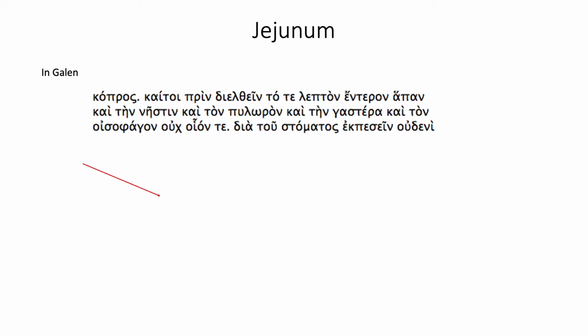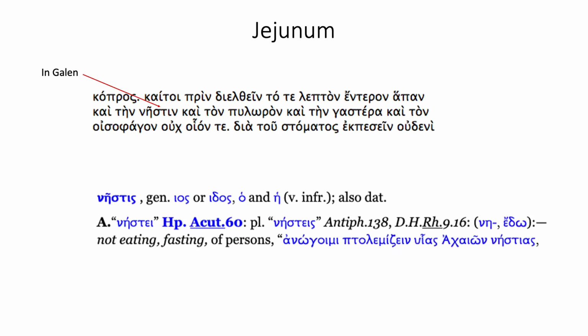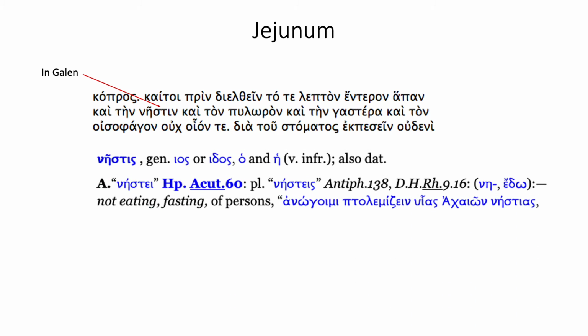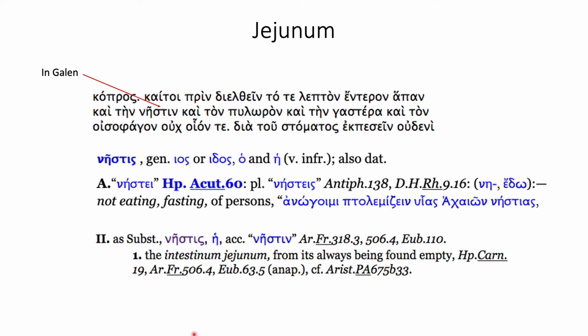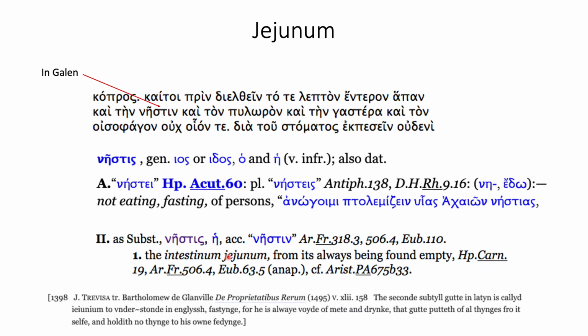And in Greek, the word for empty or hungry is nestis. And you can see it's been used by Hippocrates for not eating or fasting of persons. And it's used substantively for the jejunum for the same reason that it was in Latin. And again, you see in the medieval ages, they're talking about the jejunum.